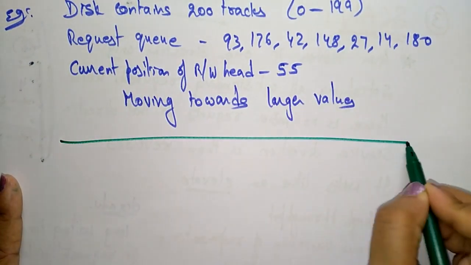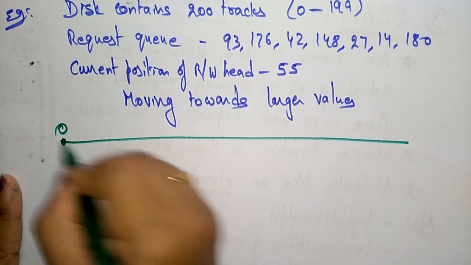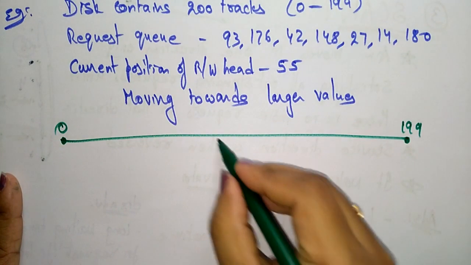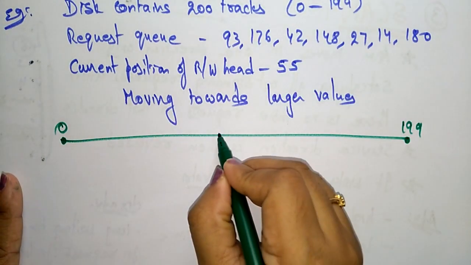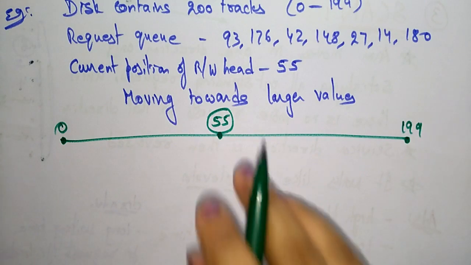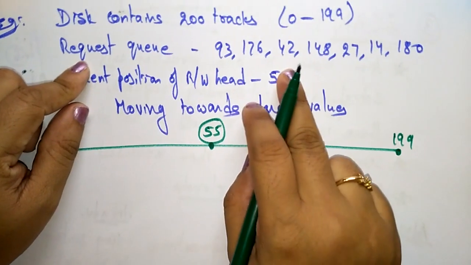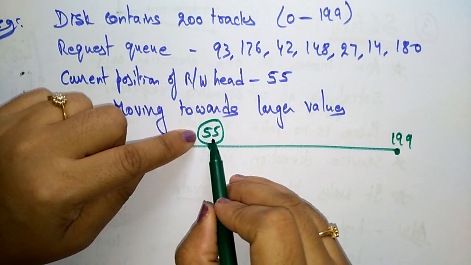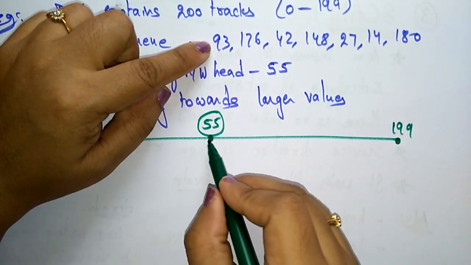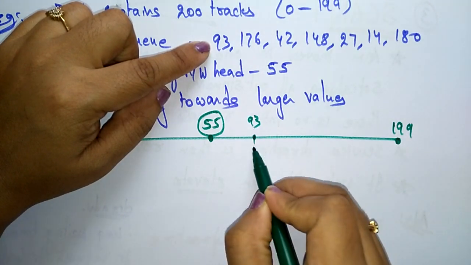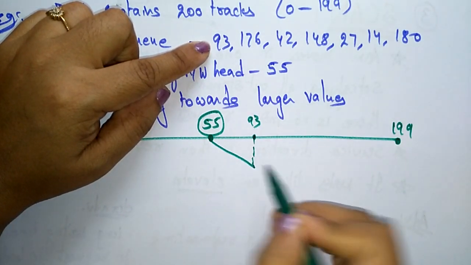The disk starts with 0 and the track ends with 199. The current position of the read-write head is 55. From 55, the disk has to move towards the larger values. The next larger value after 55 is 93, so it moves to 93.